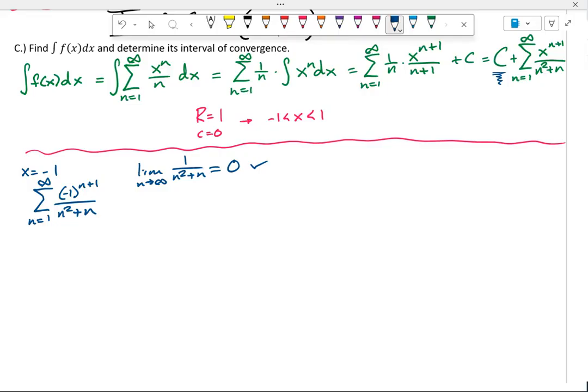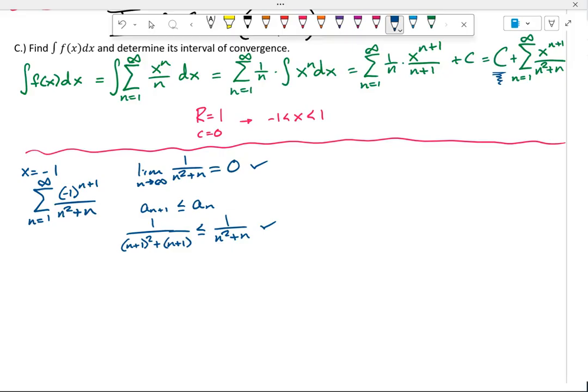Let's move on. So then the second piece we need to check is our a sub n plus 1 being less than a sub n. So we have 1 over n plus 1 squared plus n plus 1. Is that going to be less than or equal to 1 over n squared plus n? Is that going to be a true statement? Yes, it is.